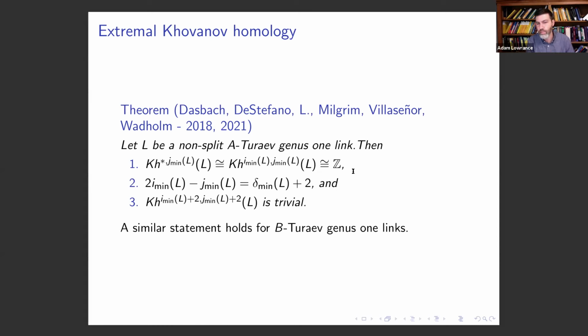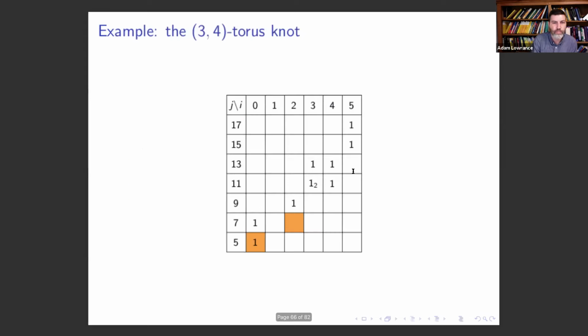Okay. So basically what I would want to show you now is just some examples of this theorem in action. And the third one says you can tell something about one higher up grading. The gradings highlighted in orange are the gradings that we care about. And this is the 3-4 torus knot.